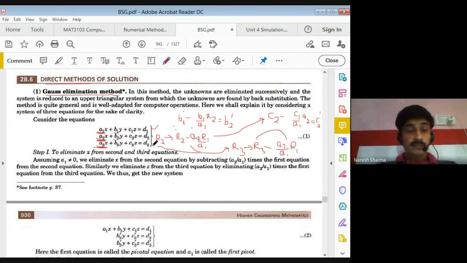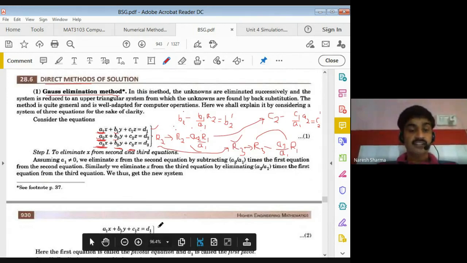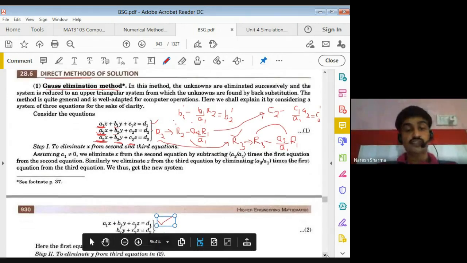Similarly, you can apply on your third row R3, so that this becomes 0. This we assume is b3 dash. This we assume is c3 dash. Similarly, d3 dash, right? So after using these two row operations, that is R2 and R3, we convert your system of equations into this new form.